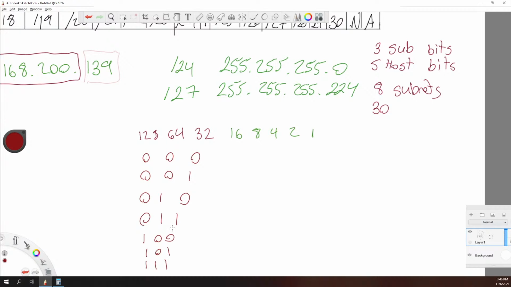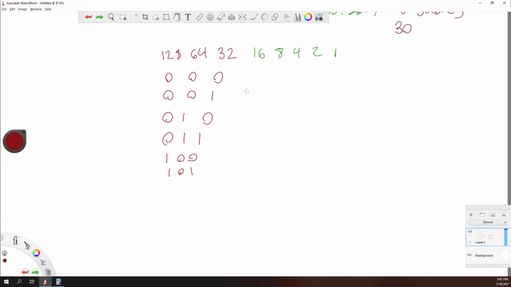What am I missing? Oh, I see what I did. I skipped over one thing. 110. That looks better. 1, 2, 3, 4, 5, 6, 7, 8. Perfect. And then the rest of it is part of our host portion.